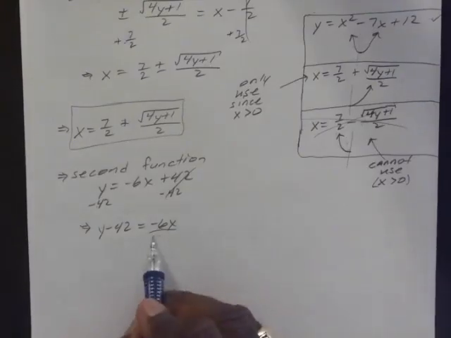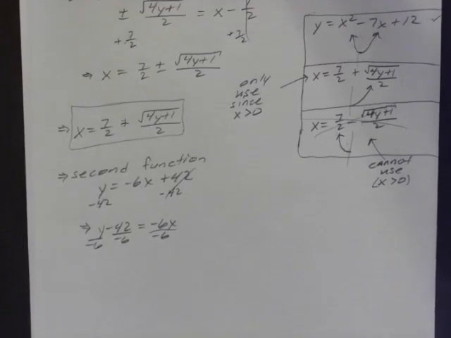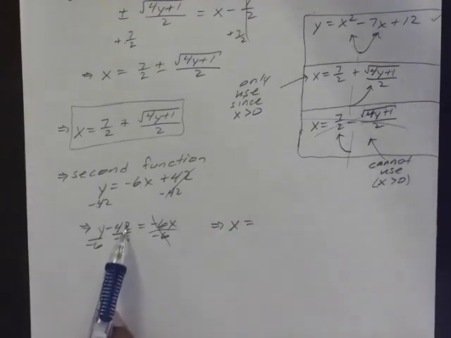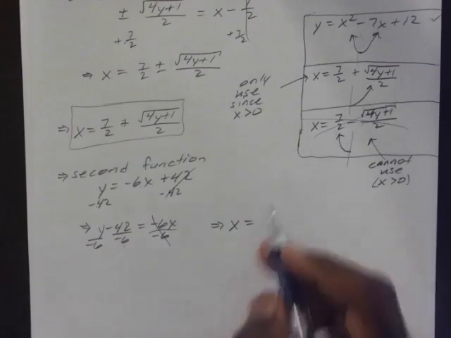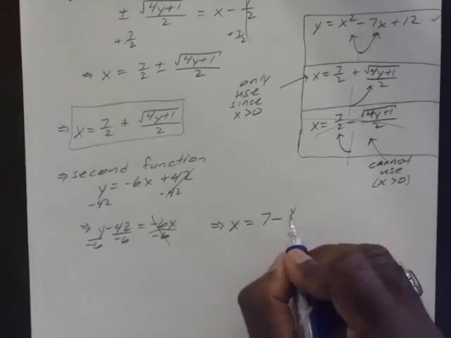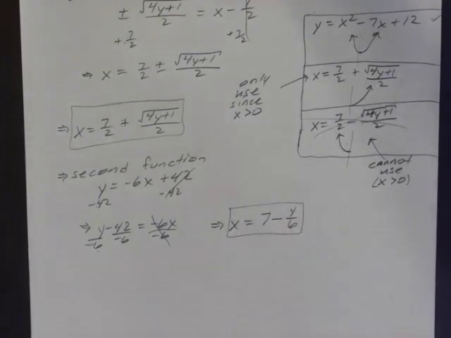So if we divide each term by negative 6, those two cancel out. So we have x is equal to negative 42 divided by negative 6 is positive 7 minus y over 6. Okay. So the second function to solve for x was pretty easy. It was that first one that'll give you nightmares.